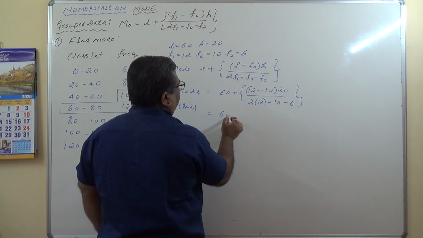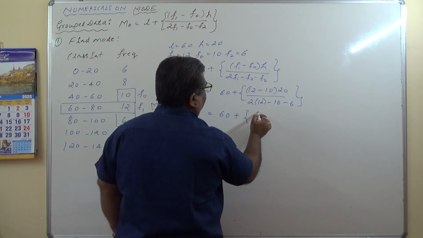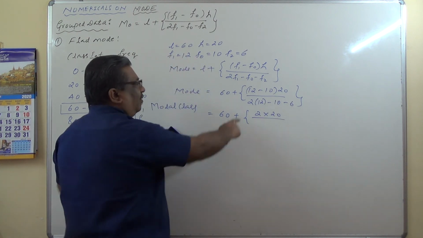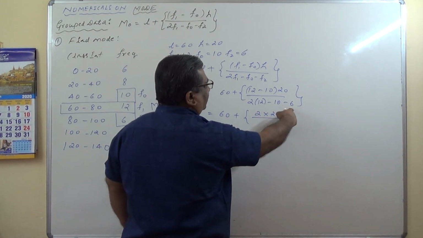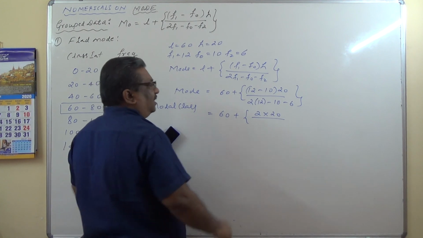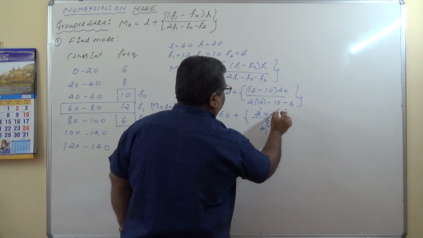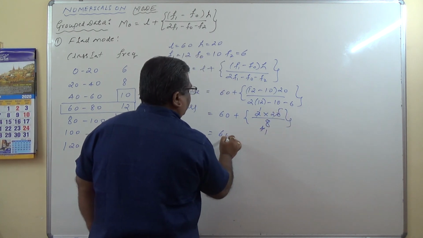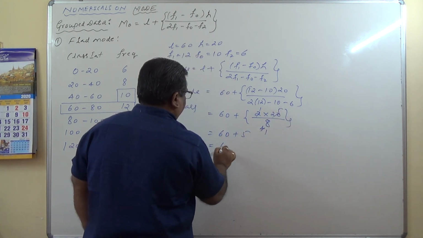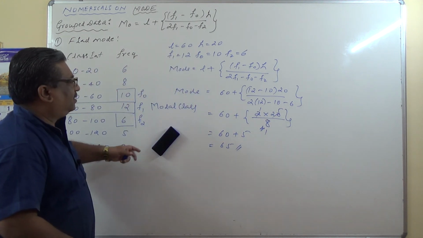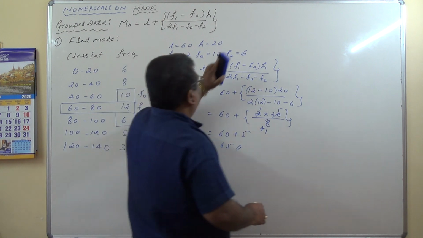So this is equal to 60 plus 12 minus 10, 2, into 20, divided by 24 minus 16 which is 8. So 2 ones are 2, 4, 4 ones are 4, 5, which is 60 plus 5 which is 65. So check the answer, mode should be 65. It is correct. So please make a note down.